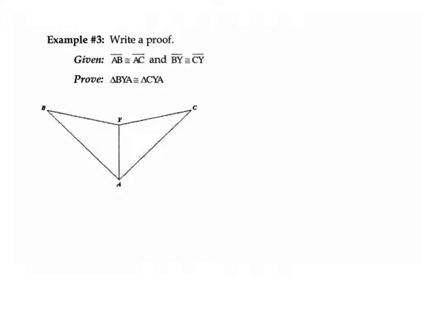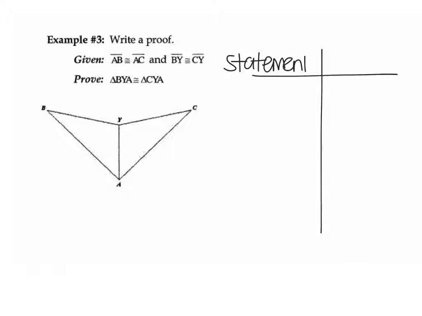So in our last example, we are given that AB is congruent to AC and BY is congruent to CY, and we want to prove triangle BYA is congruent to triangle CYA. Set up our columns with statements and reasons.